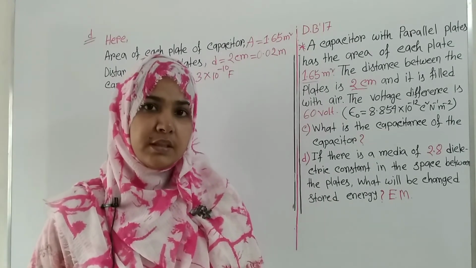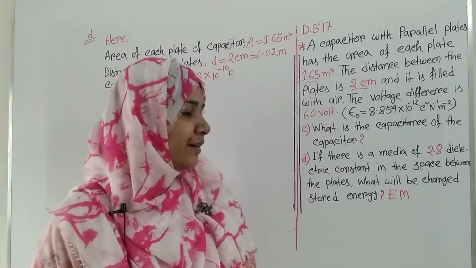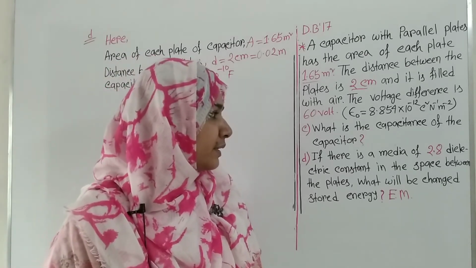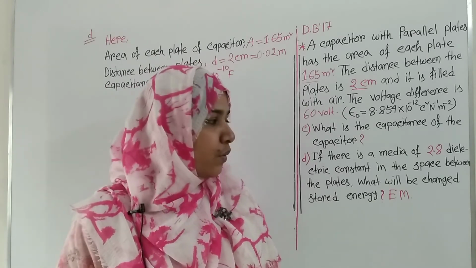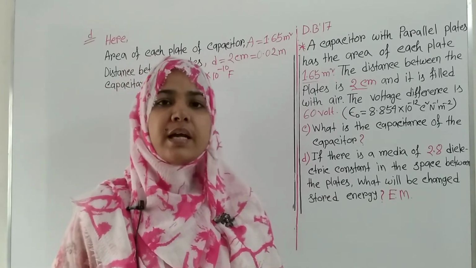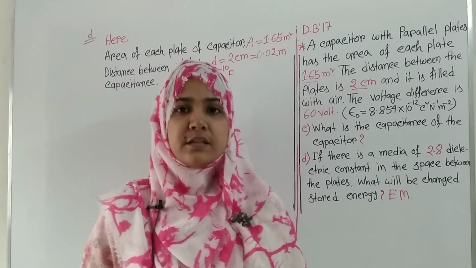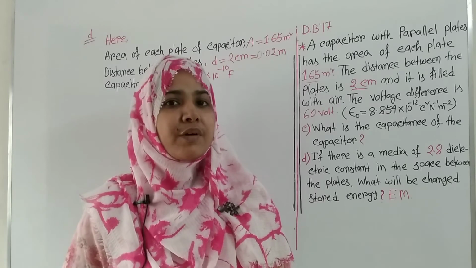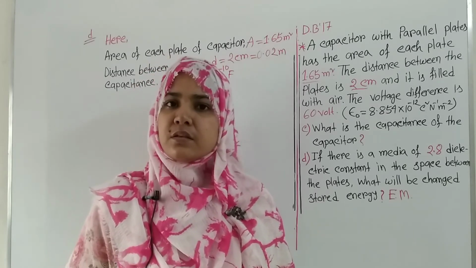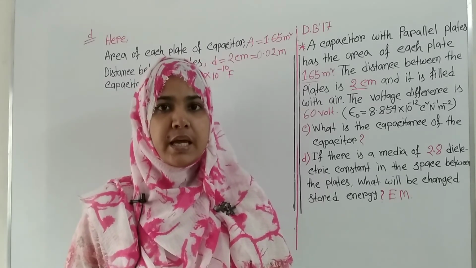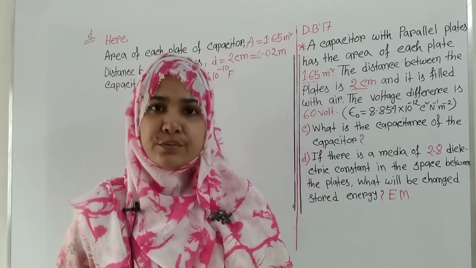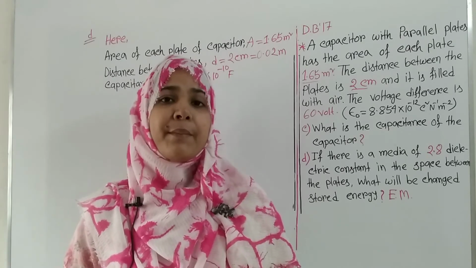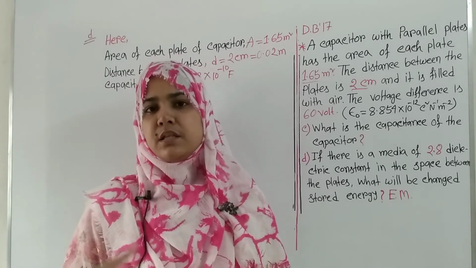Now question D. If there is a media of 2.8 dielectric constant in the space between the plates, what will be the changed stored energy? You know that if we keep a dielectric media between the plates of a capacitor, then the capacitance of the capacitor will increase. And in this question, we have to calculate that after adding the dielectric, what amount the stored energy increased.